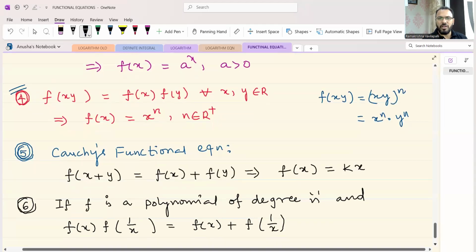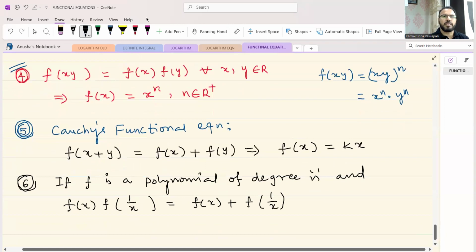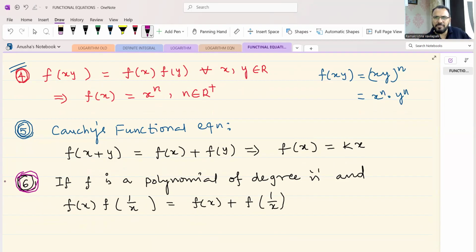This model is also very, very important. Maybe this is a little bit difficult to prove, in fact. I'll see, I can prove it.